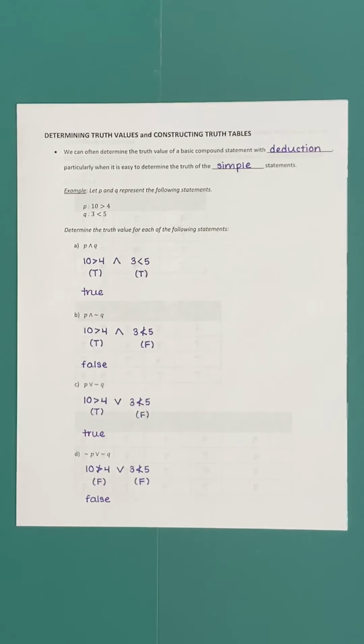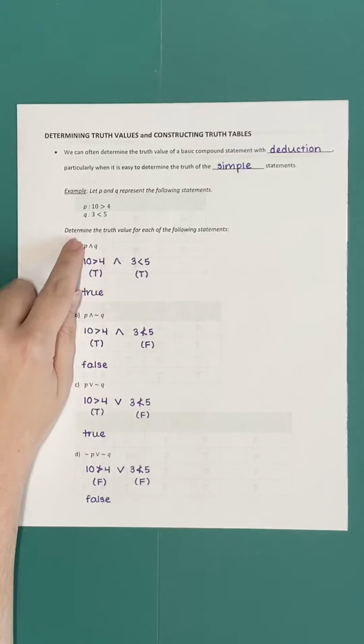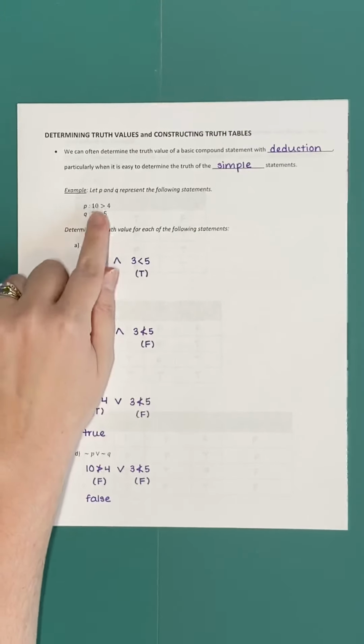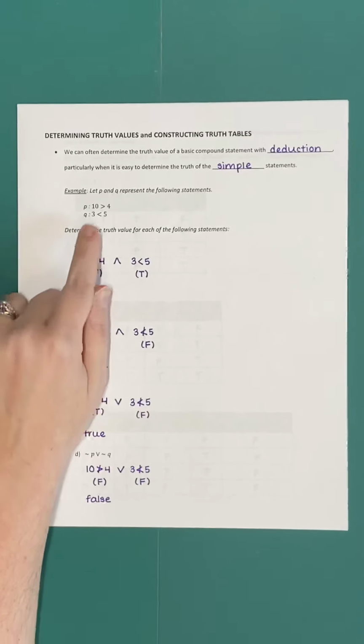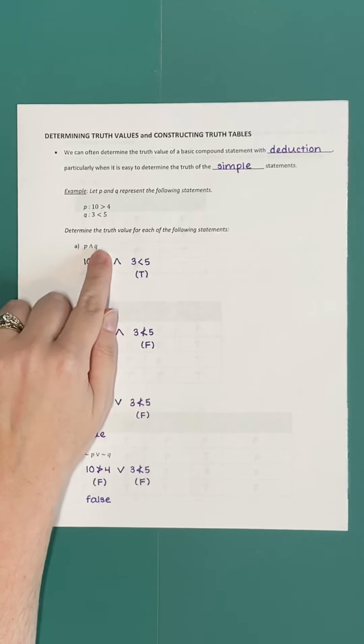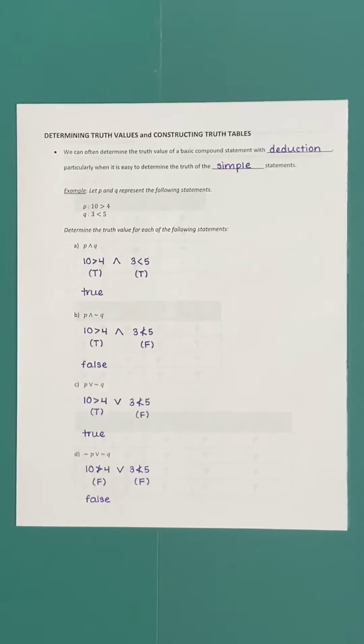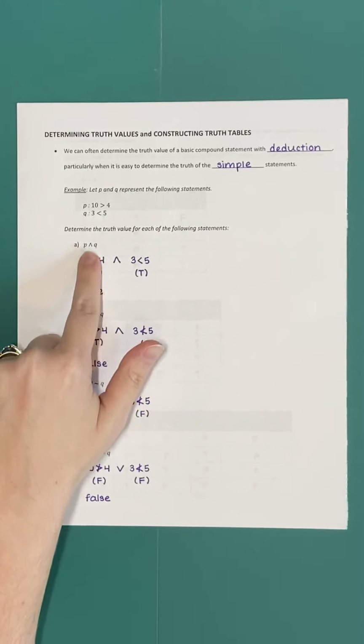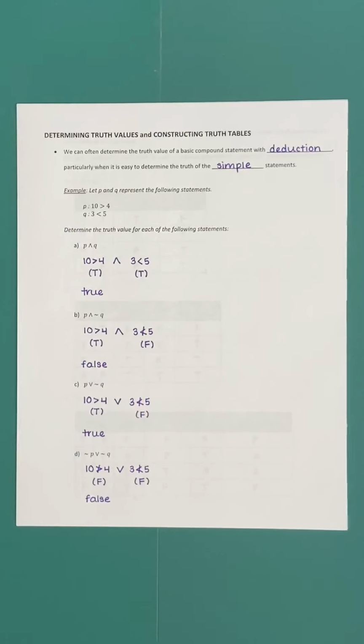So what if we structured a compound statement using P and Q? In other words, 10 is greater than 4 and 3 is less than 5. What we're ultimately doing now is, rather than thinking of the statements themselves, what we want to think of is their truth values. In this case, both of them are true. We want to determine what this connective is going to do to those particular statements with those particular truth values.